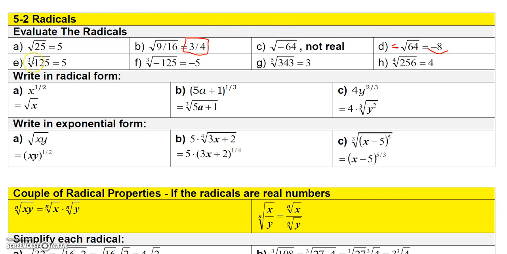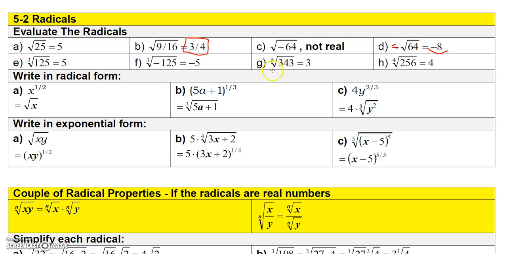And as I said earlier, the cube root of 125 is just 5 because 5 cubed is 125. The cube root of -125 is -5. Well, let me say that again. If you cube -5, you get -125.